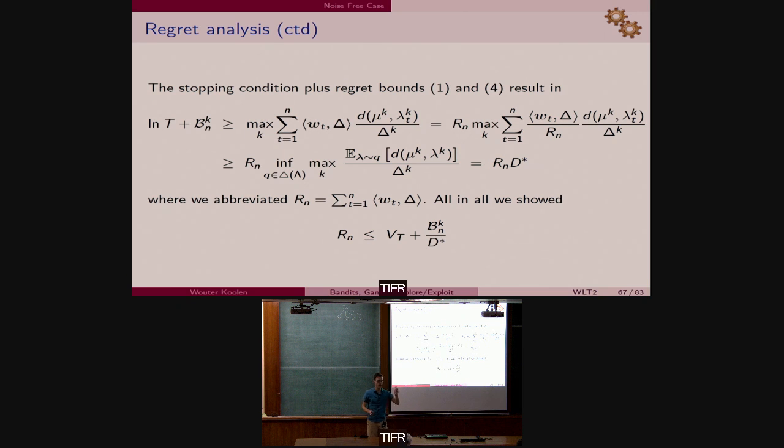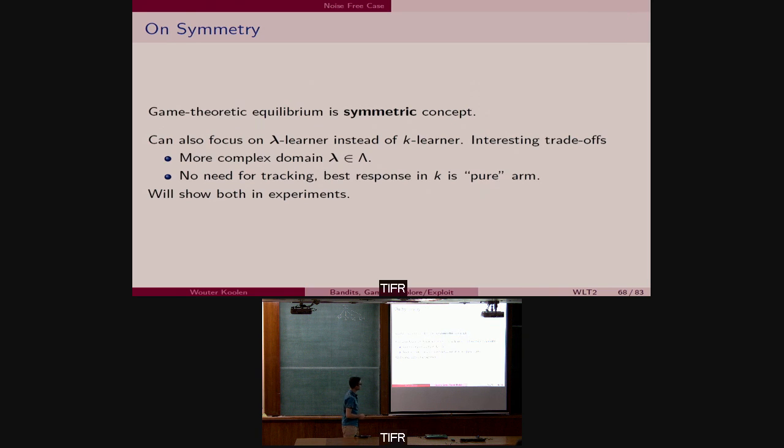So that's where these round factors are useful. They become this regret. Okay, so that means that if you reorganize, you get that the regret is bounded by 1 over d star, which was the log t over d star, which was the value, and then the b over d star.